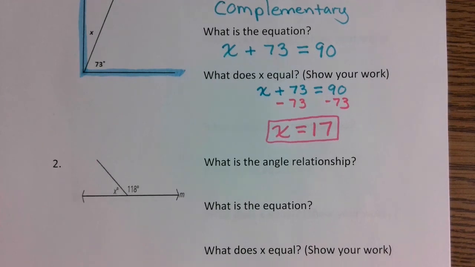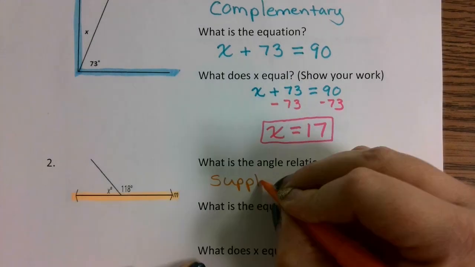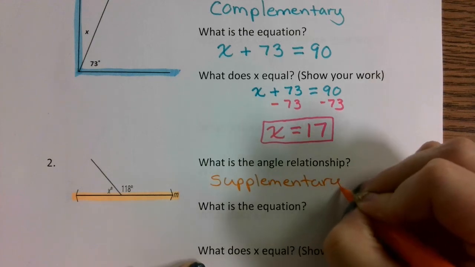Problem number 2, based off of the diagram that we have here, what relationship do we see? Supplementary, right? It creates that straight line. That straight line is going to create a supplementary relationship.